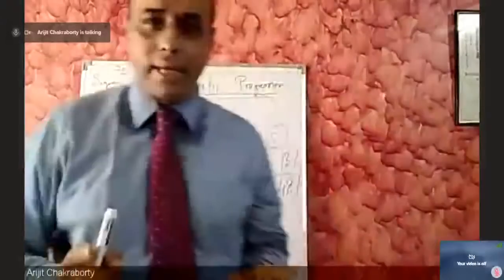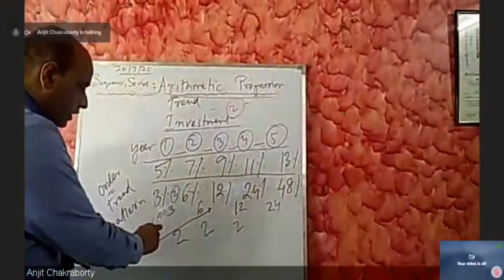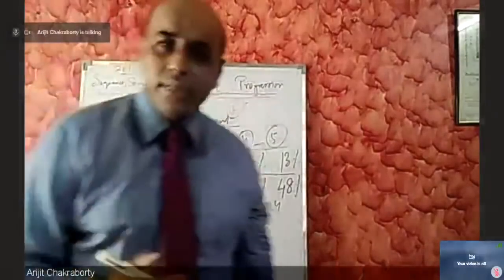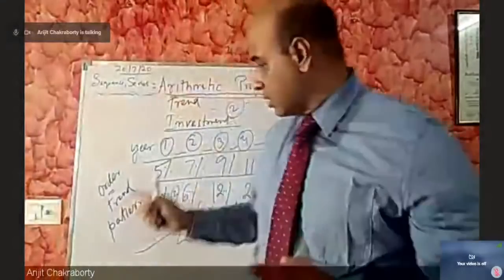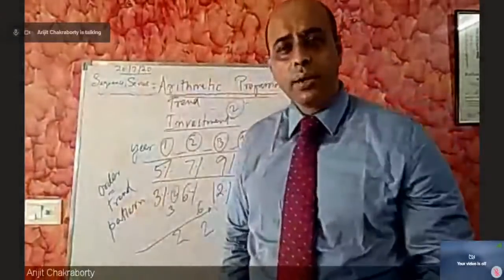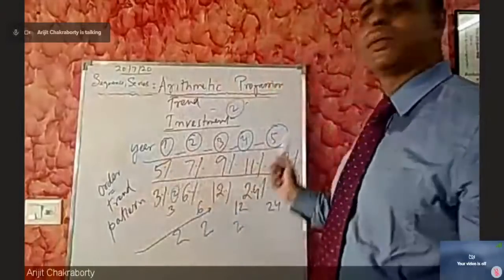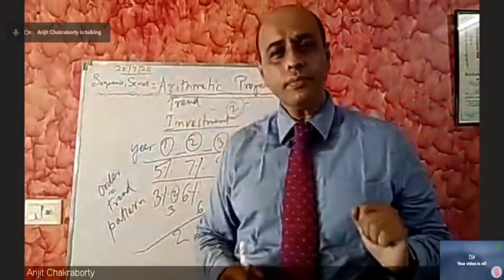But in the second case, the first case is a case of common difference. But the second case, 3, 6, 12, 24 and 48, this is a case of common ratio. Both are of course increasing. In the first case, 5, 7, 9, 11, 13, it is increasing. It is a linear relation.